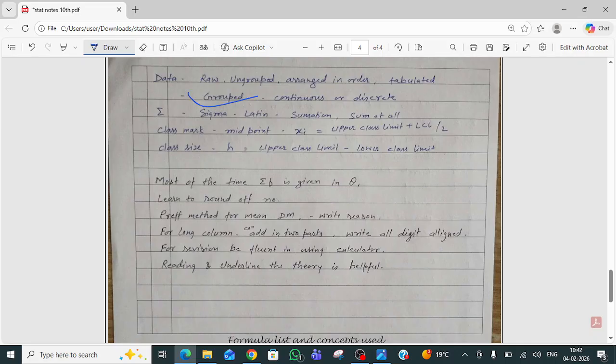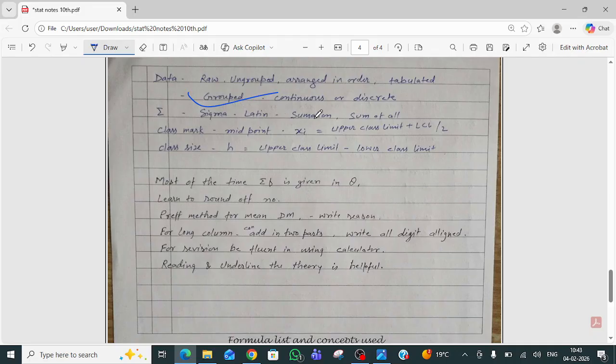Group data can be continuous or discrete. So we have to learn, if it is discrete data, how to convert it into continuous data. From the upper limit and lower limit, we have to add and subtract half.